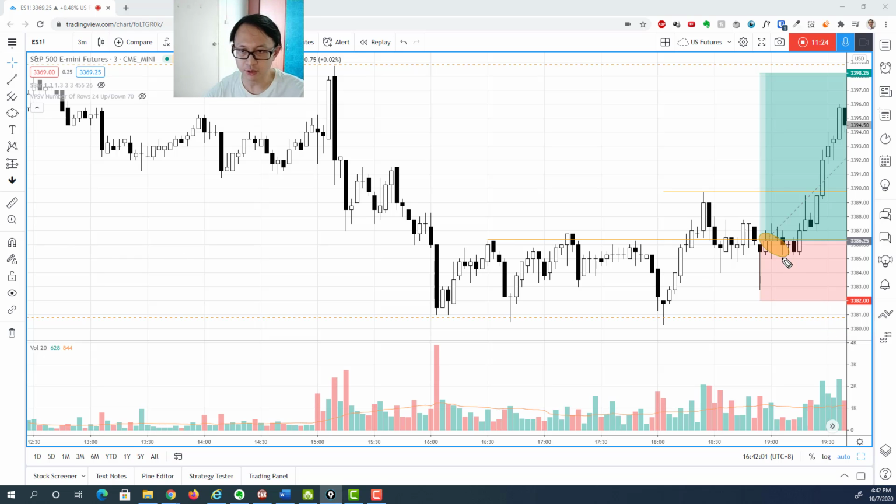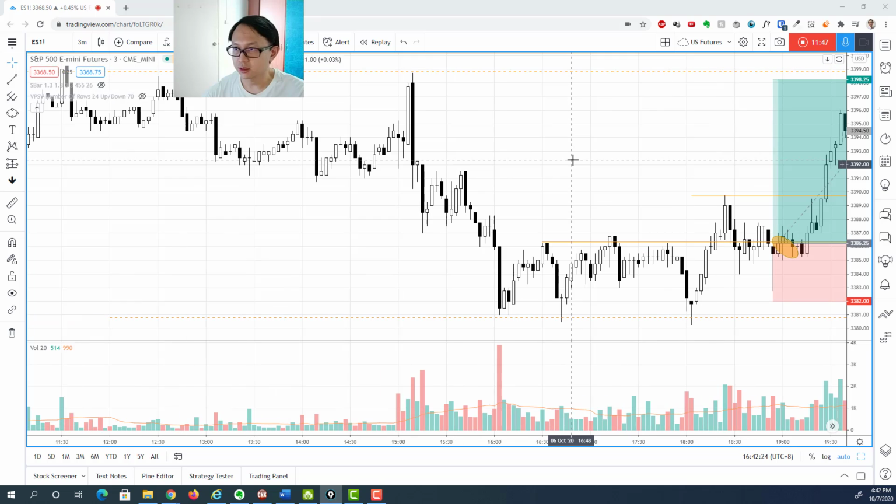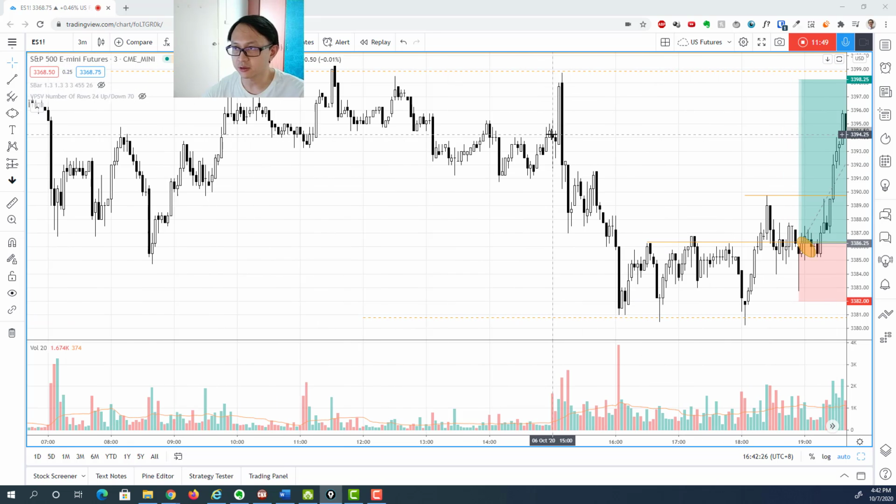So I just wait for a bullish bar, and you can see that. Let me zoom in a bit more. This bullish bar here actually just closed above the high of the previous bar. So here's the close, and right after the close I just entered my long entry. At that point I anticipated it could travel to around the non-RTH high, which I believe is close to the 3400 level.